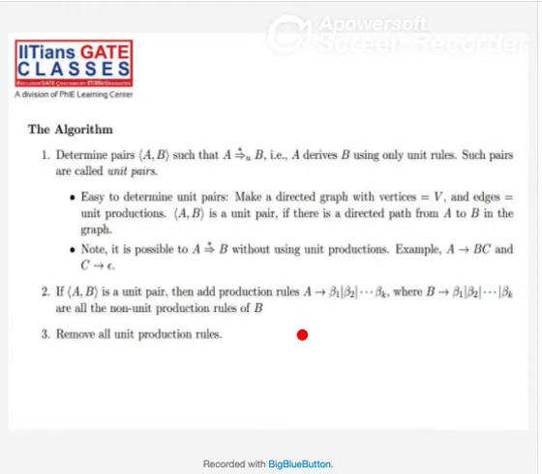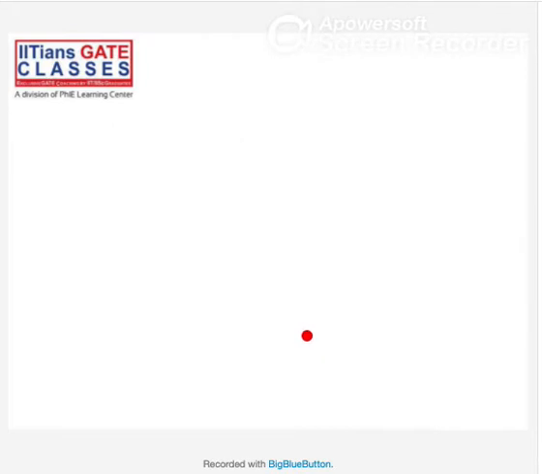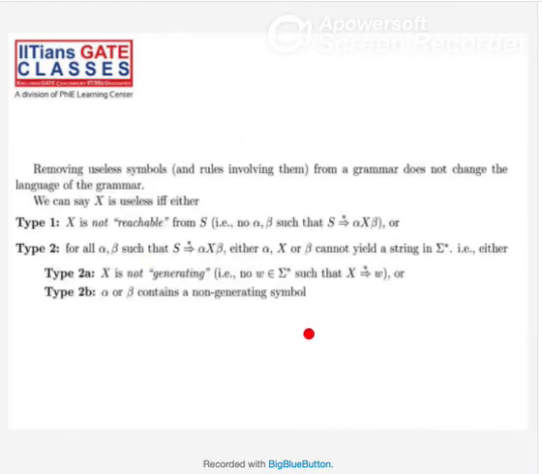Now we will see how to remove useless productions. I told you there are two types of useless symbols: first, those which are not reachable, and another, those which are not generating any string. We want to remove both of them.